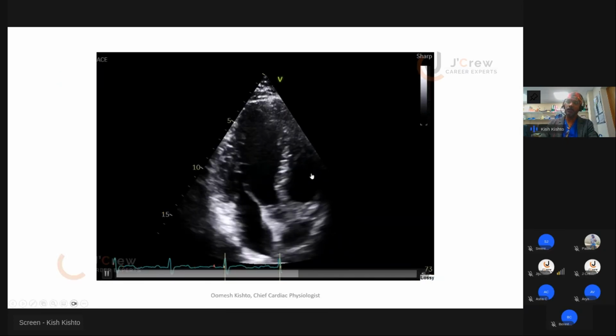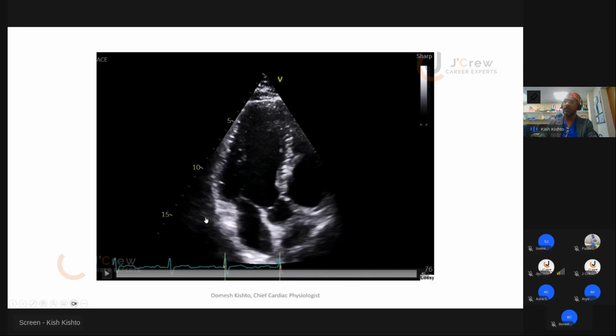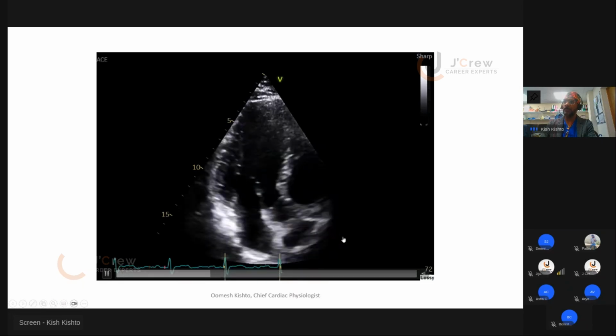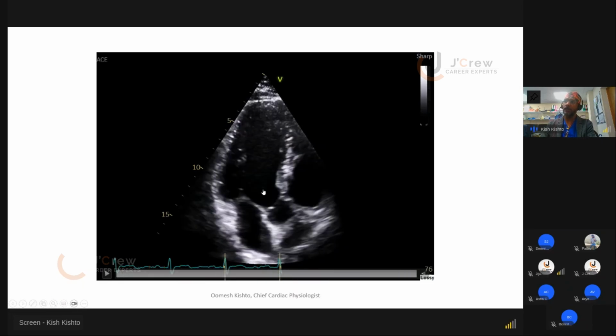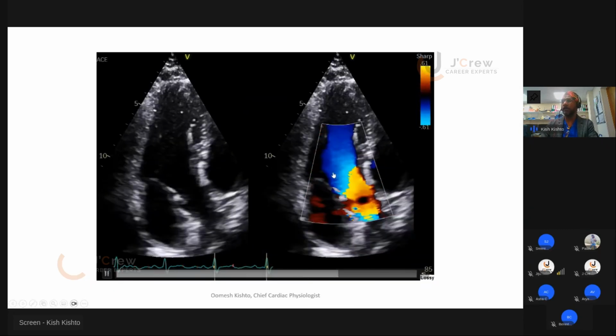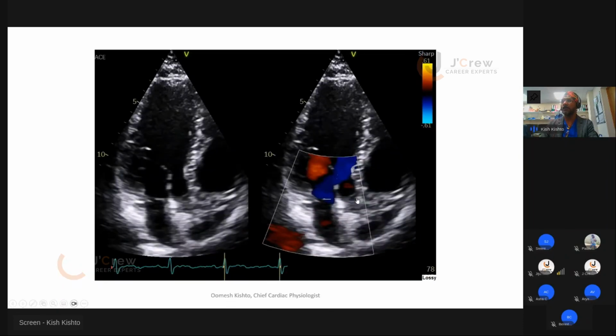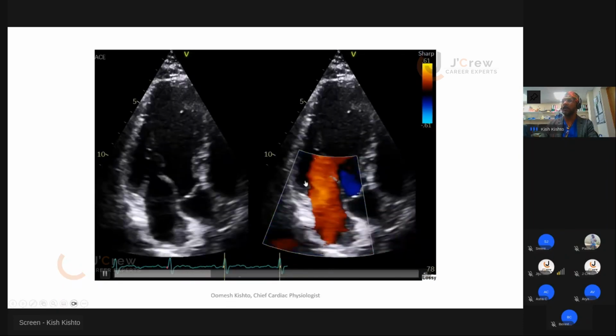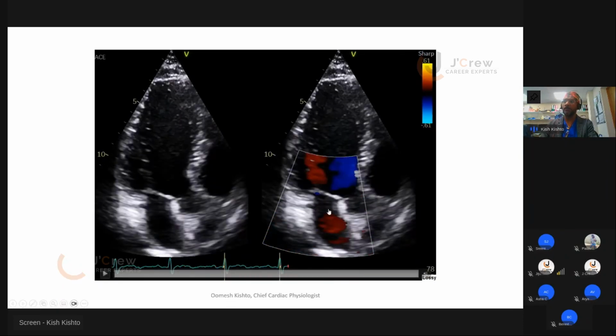So then you look at your apical three-chamber view, from this inferolateral wall or posterior wall, inferior, anteroseptal wall, and that's your apical segment there. So again, from this view, you optimize it to get this, but you will assess your aortic valve there as well, your mitral valve. Okay, so color on the aortic so that you see any regurg, and then in your mitral valve as well, you look for if there's any regurg.